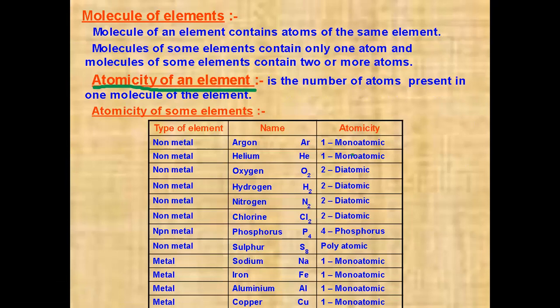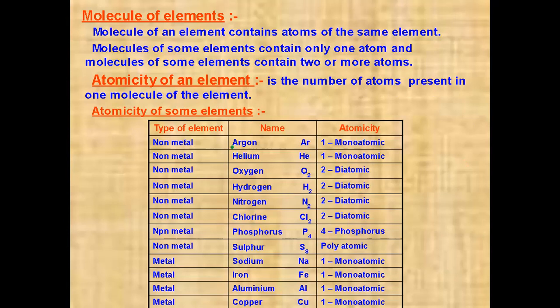As you can see here, monoatomic, diatomic, and polyatomic are given. Tetraatomic is not given. So here, let me explain to you all what monoatomic and diatomic are first.